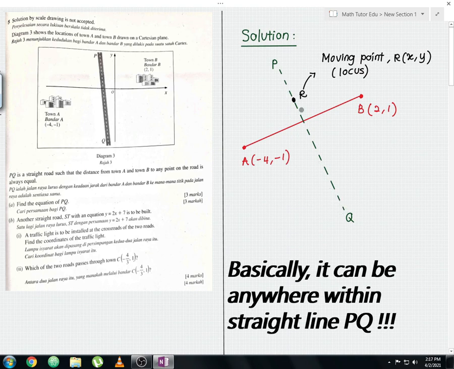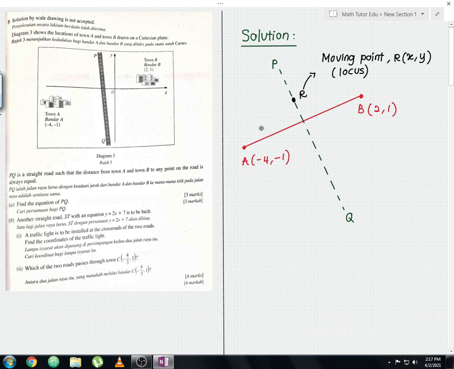So whenever your point R is moving, the distances to town A and town B must be always equal all the time. So this is the indication that your locus is a perpendicular bisector. I hope that you understand my explanation. Once you understand this concept, the rest should not be a problem for you guys.